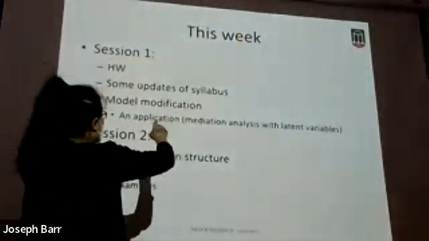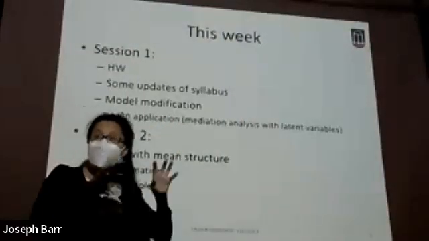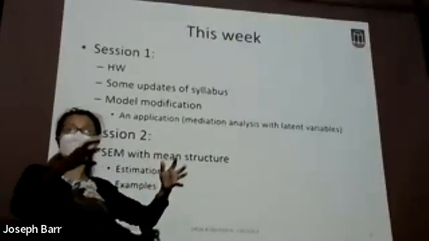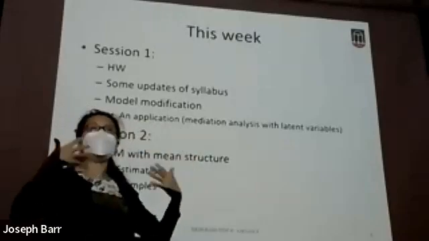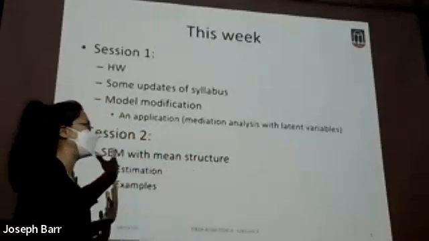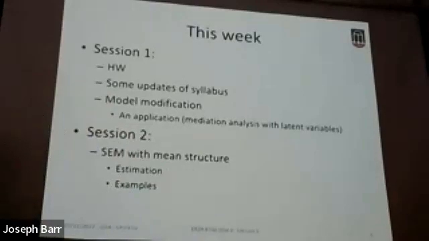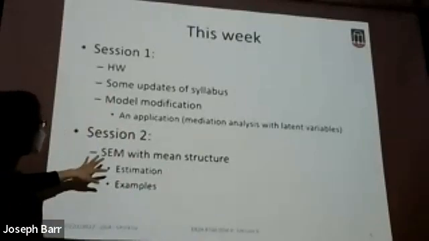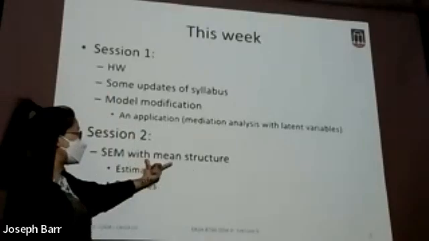So today we're going to see some model modification, trying to improve our model. The software will provide a lot of suggestions. How are we going to consider those suggestions and improve the model fit? And in session 2, we're going to consider the mean structure.